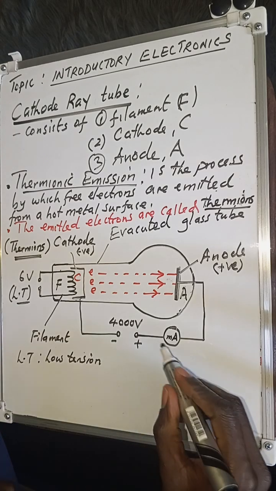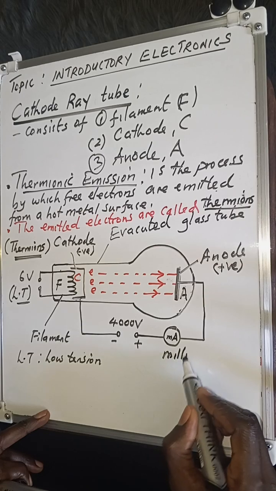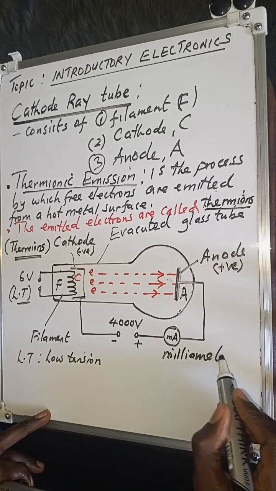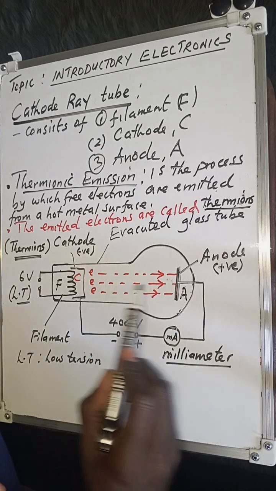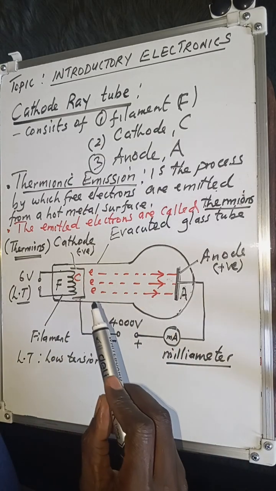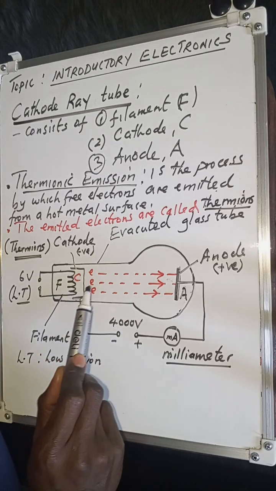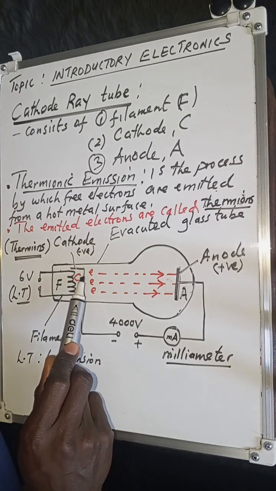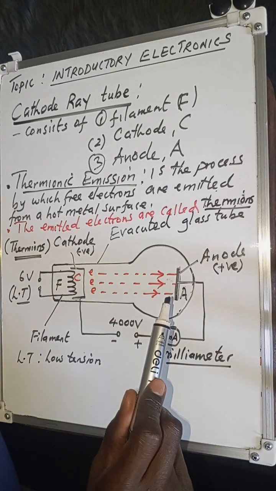Remember, that symbol, small m and capital A, represents a milliammeter. If you are able to record a current in the milliammeter, it tells you that indeed negatively charged electrons, remember electrons are negatively charged, are moving from the cathode to the anode.